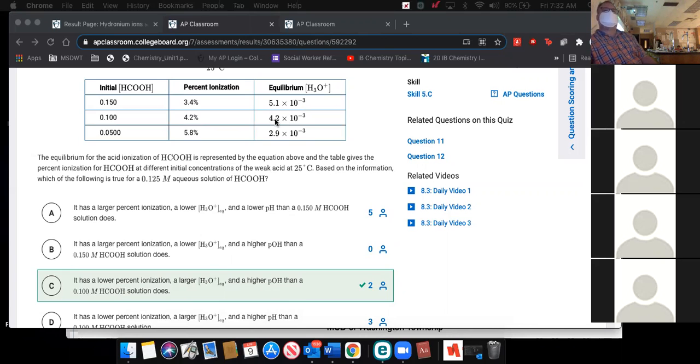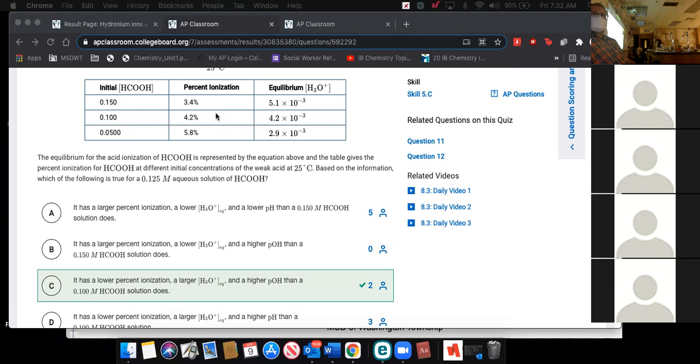What might be easier for a test taking technique is to go ahead and scribble on here just some fake percent ionizations. You don't have to know the real one, but if you scribbled some number, let's just go halfway between these two, and then halfway between these two, you could maybe pick something that you can calculate the pH of in your head, and then you can subtract from 14 to get the pOH. But that's the basis of this question.